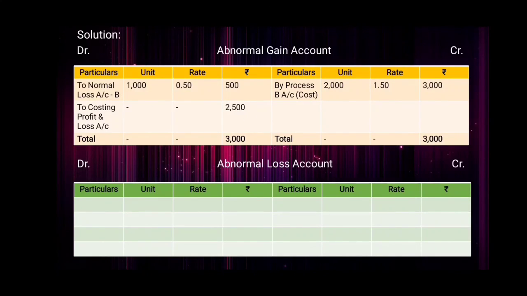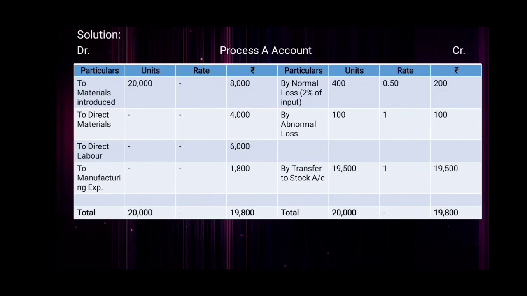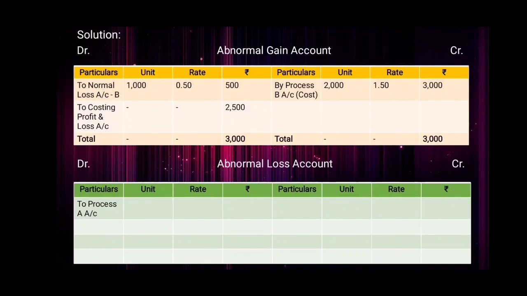Now let us prepare abnormal loss account. So the abnormal loss in process A account, unit is given 100 and at the rate of 1, amount being 100. So we'll record it in abnormal loss account on the debit side.